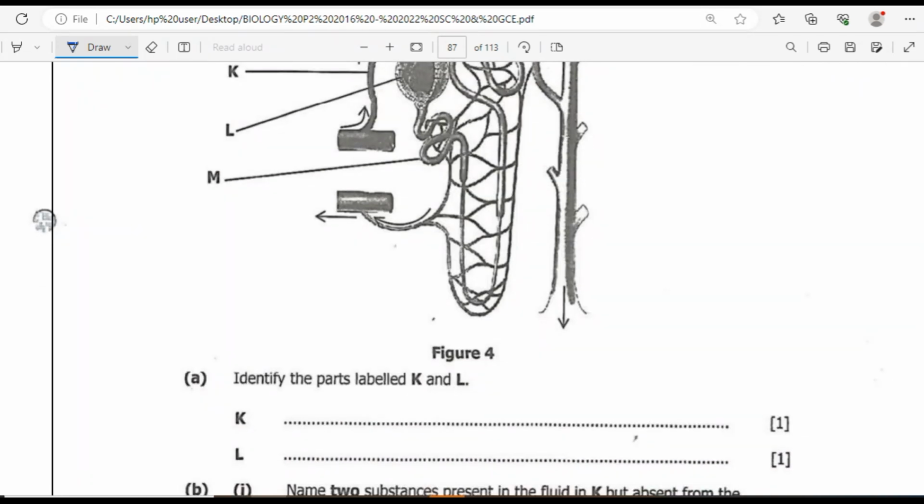Now identify the parts labeled K. K is the afferent arteriole, the one that brings blood. Then L is just the Bowman's capsule.